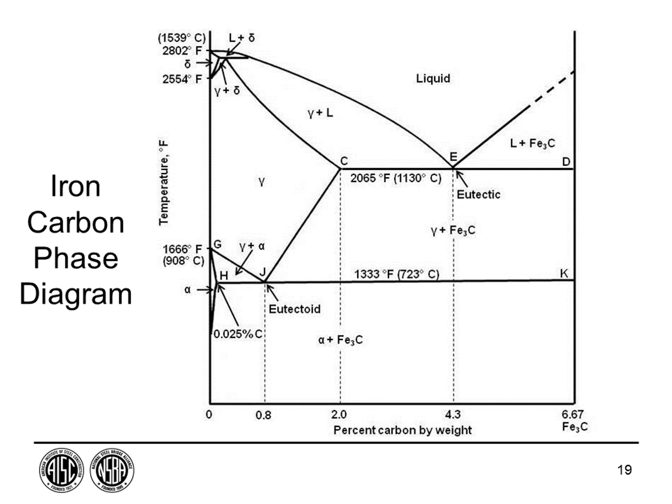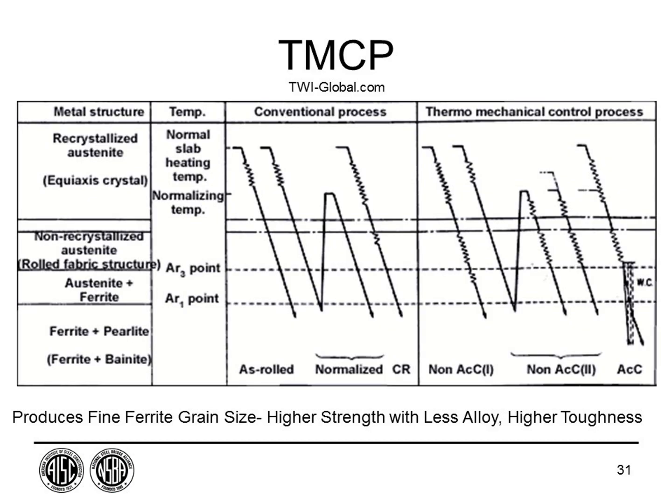I'm going to take us to slide 31 for a similar question. What is the purpose of rolling the steel multiple times during the TMCP process? You mean at different temperatures? Yes, I believe the question is why is it done repeatedly?